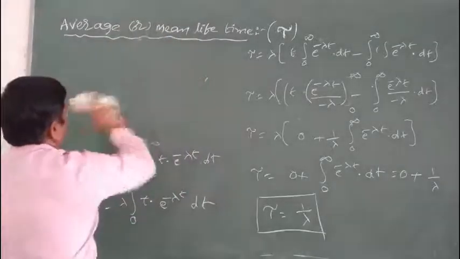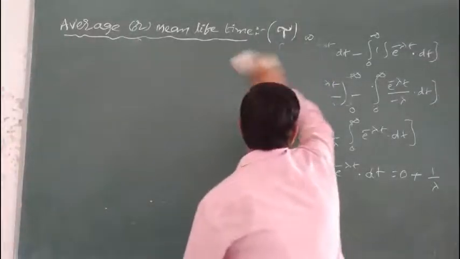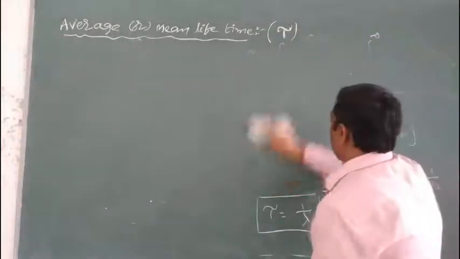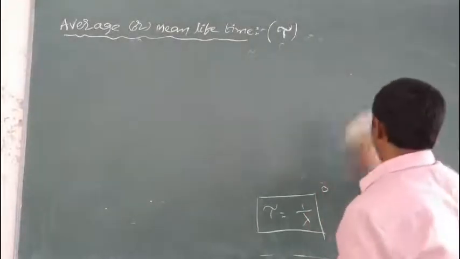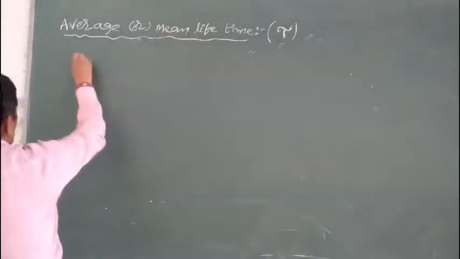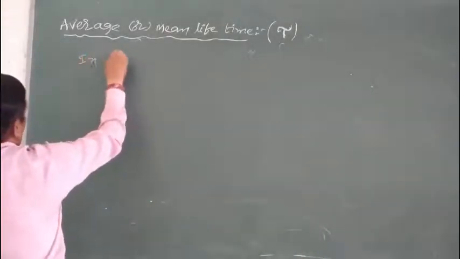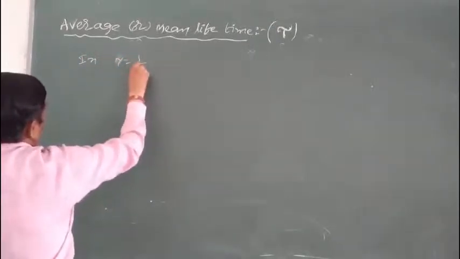So in this mean lifetime, how many atoms are undecayed? In this lifetime, tau is equal to 1 by lambda.